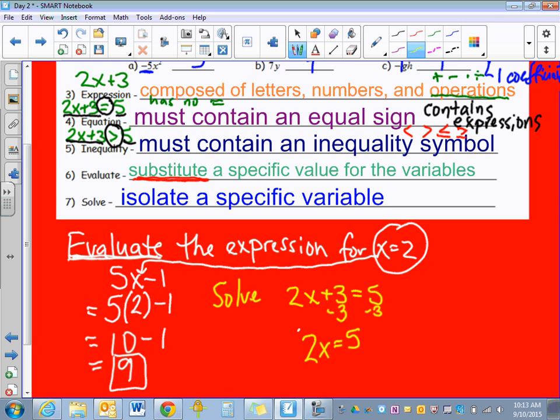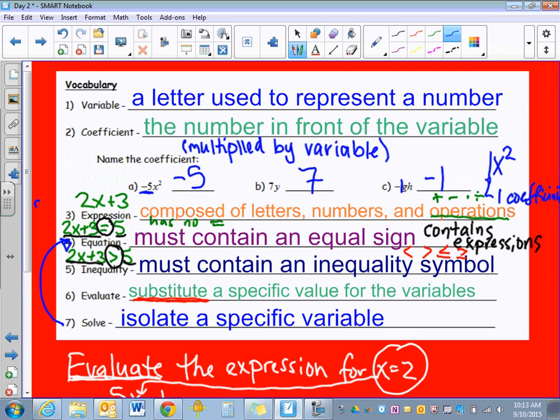And then I still have to get x by itself, so divide by 2. And I get x equals 1. So notice solving means I'm going to get that variable by itself, and I have an equal sign. I start off with an equal sign, I finish with an equal sign. So solving is used with equations. And for expressions, we simplify.